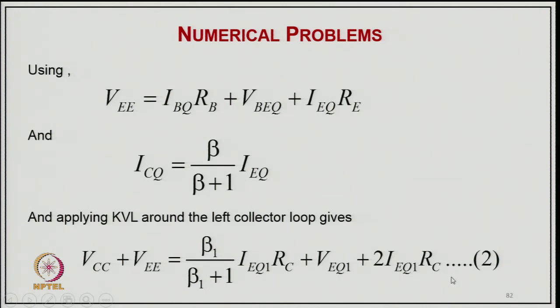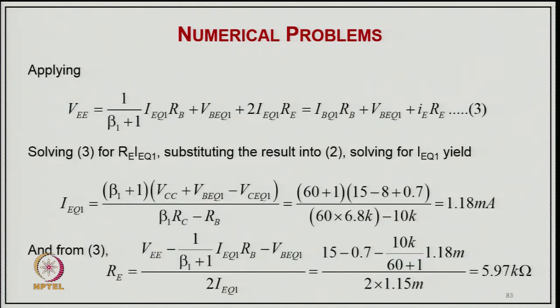1 plus 2 IQ1 into RC, that is for typically transistor 1. Applying KVL, 1 upon beta 1 plus 1 IQ1 RB plus VBQ1 plus 2 IQ RB equal to IBQ plus VBQ1 plus VE.